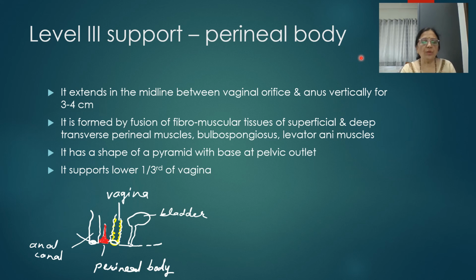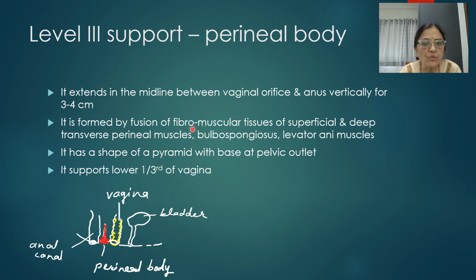Level 3 support is to the lower one-third of the vagina, which is by the perineal membrane we have already seen, and second is the perineal body. The perineal body extends in the midline between the vaginal orifice and anal orifice, vertically for 3 to 4 centimeters.